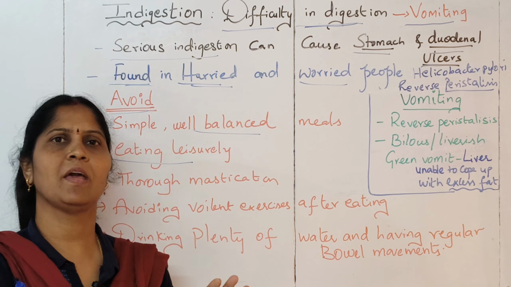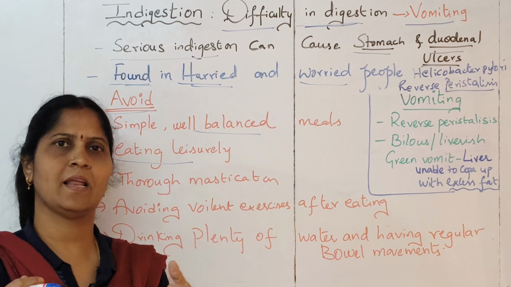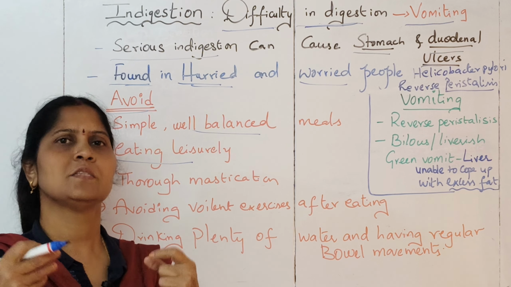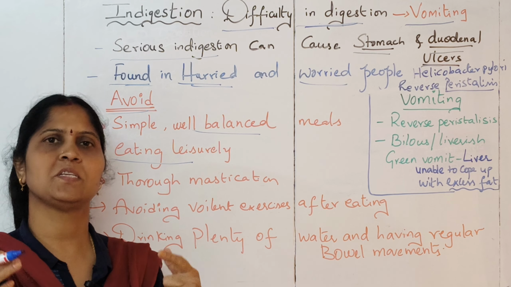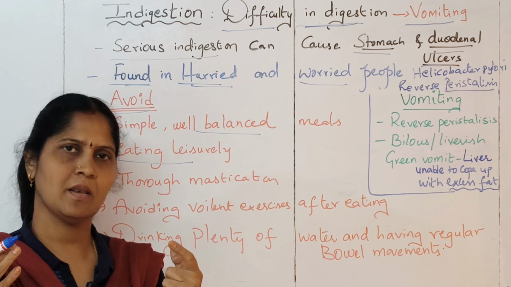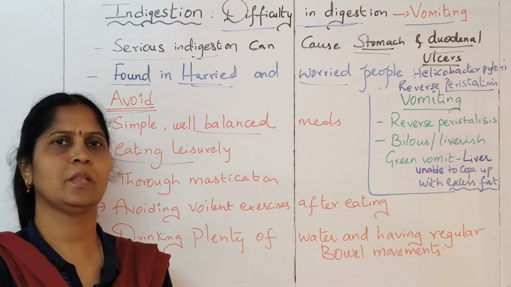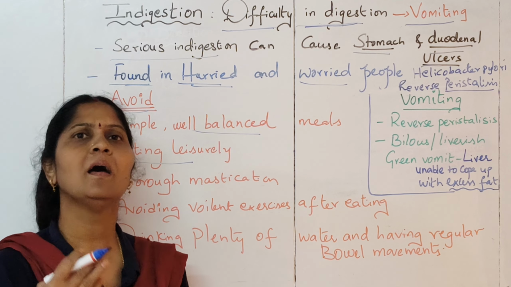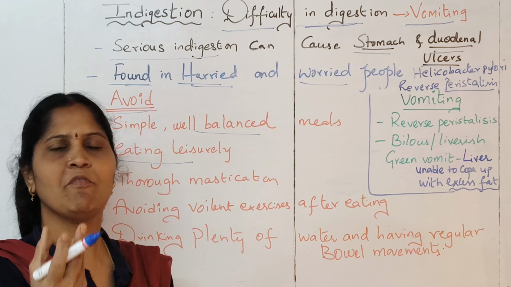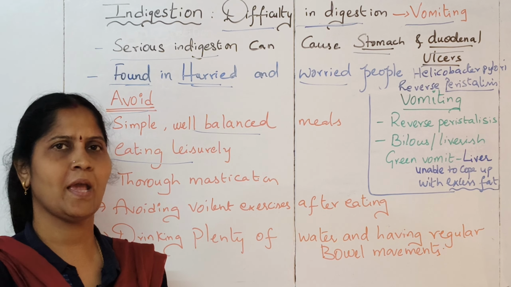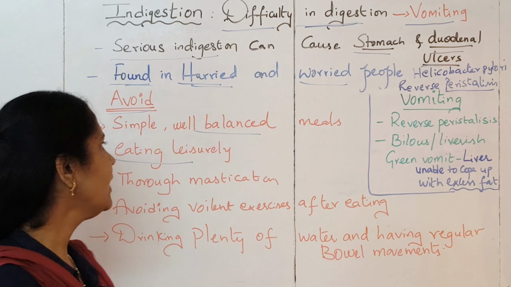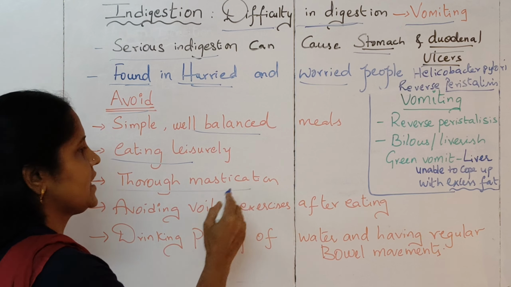So sit somewhere coolly, and try to relish the dishes that are made. Chew your food very slowly, eat leisurely, so that mastication is done properly and even your saliva can act better on the food particles that are present in the mouth. Usually they say that every bite you keep in your mouth, you should chew 32 times to make an effective digestion. Then next you have is thorough mastication.